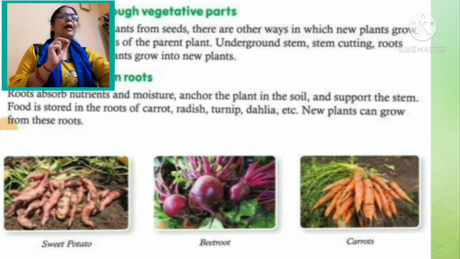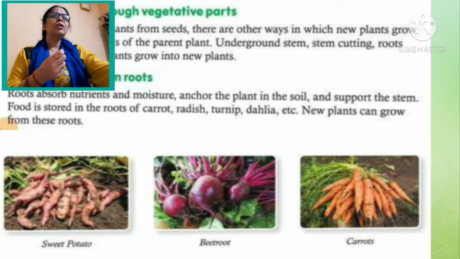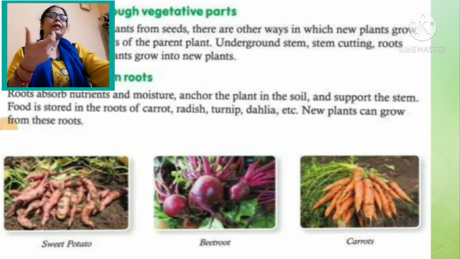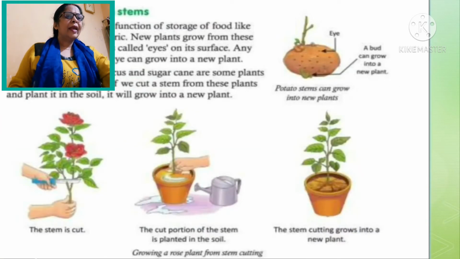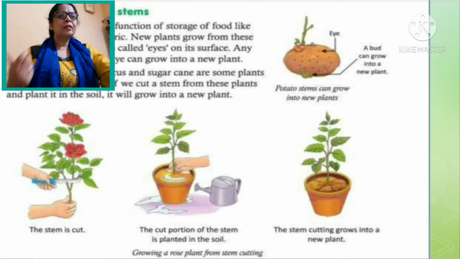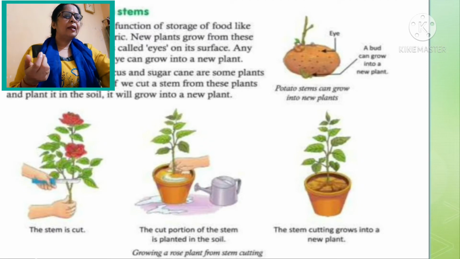Dispersal of seeds by animals. Animals eat fruits like apple, orange, mango, raspberry, and they throw the seeds anywhere, and then the seeds can germinate.